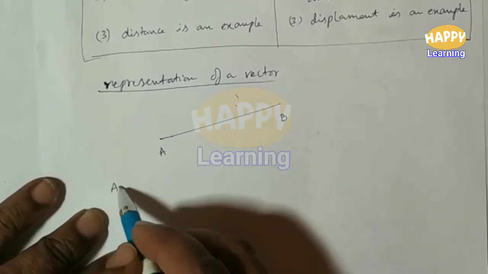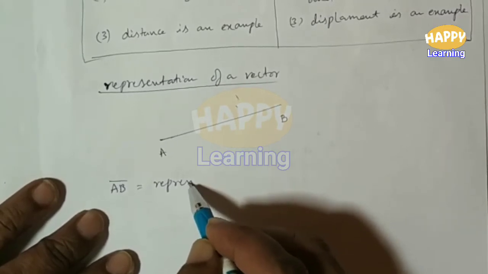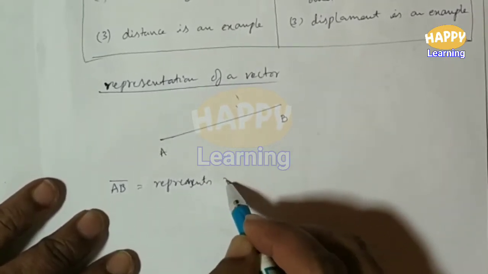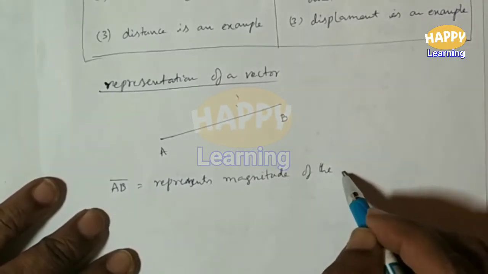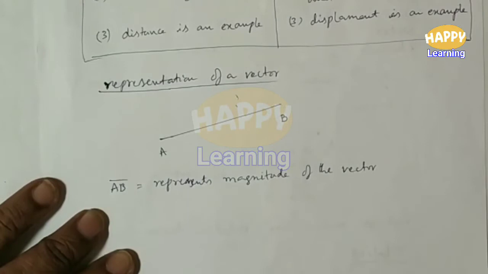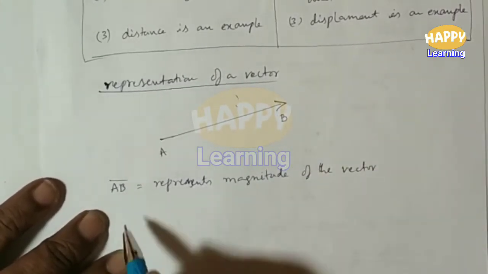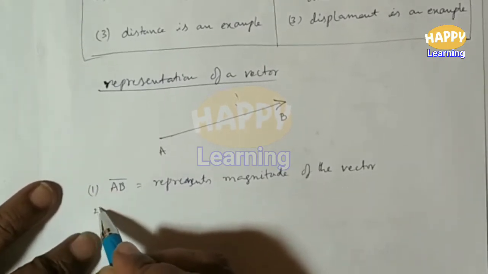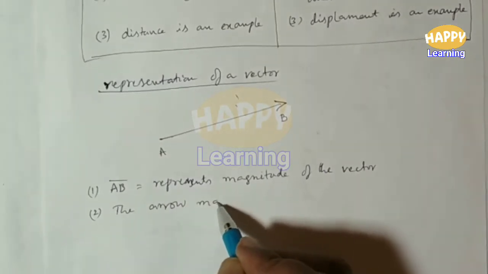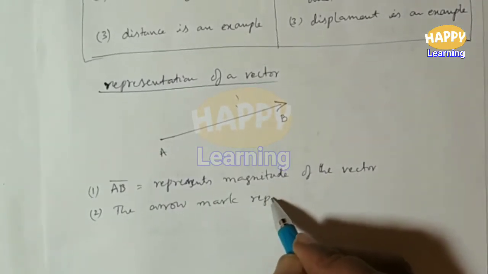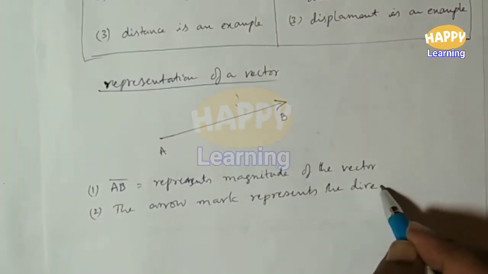The length of this segment AB represents the magnitude of the vector. And the arrow mark represents the direction of the vector.